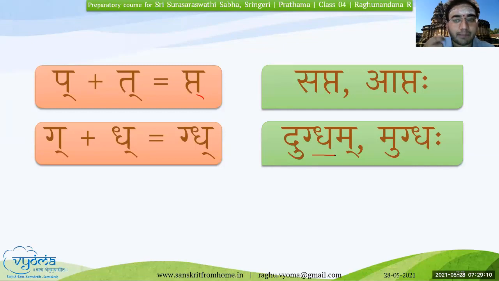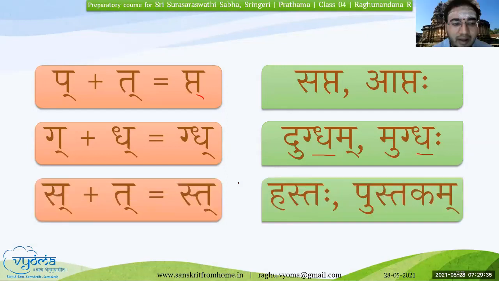The way we say dhanam, dha is a mahaprana. Dugdham, mugdhaha. Can you repeat again? Please notice this mahaprana of dhakara. Mugdhaha. Very good, Mugdha.